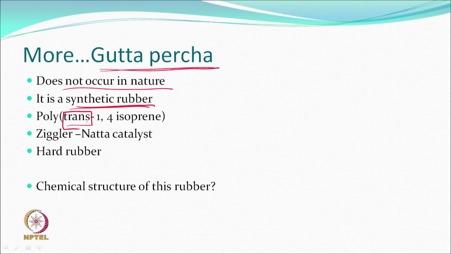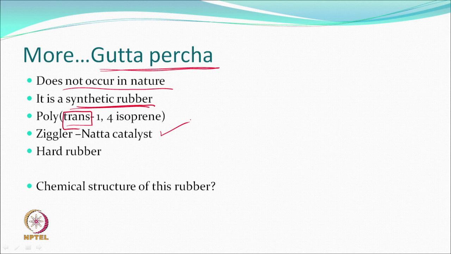The difference is this is trans 1,4 isoprene. Just changing this configuration can change the properties. And how do you ensure this? You have to do some kind of catalysis to make sure you get trans instead of cis. This is also sometimes known as hard rubber compared to natural rubber because of this configuration.